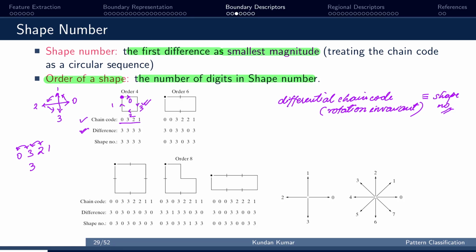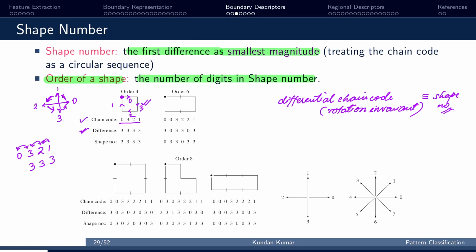Similarly, we will compute the first difference between 3, 2. So 1 step, 2 step, 3 step, and it will be 3. Okay, similarly for 2 to 1, then it will be 3.